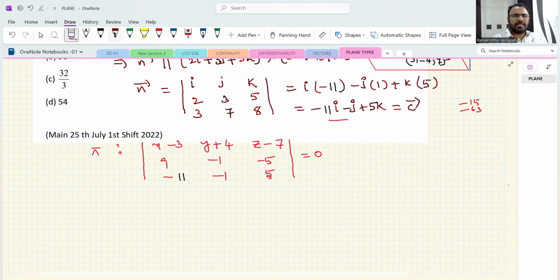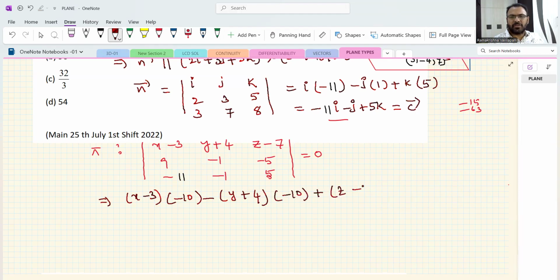So here this is nothing but x minus 3 into this is minus 5 minus 5, minus 10, minus of y plus 4 into 45 minus 55, minus 10, plus z minus 7 into this is minus 9 plus minus 11, minus 20.